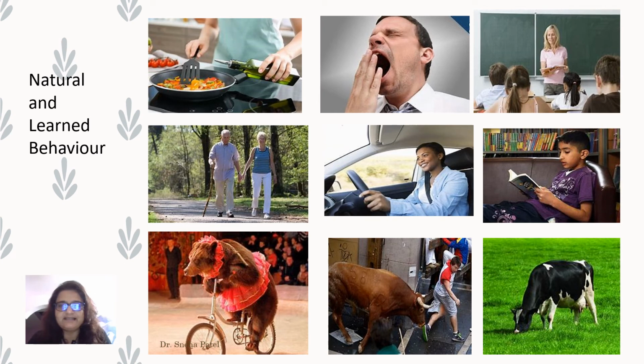Students, here you can see some examples of natural and learned behavior. Take some time, look at the pictures and tell me which you can differentiate between the learned and the natural behavior.